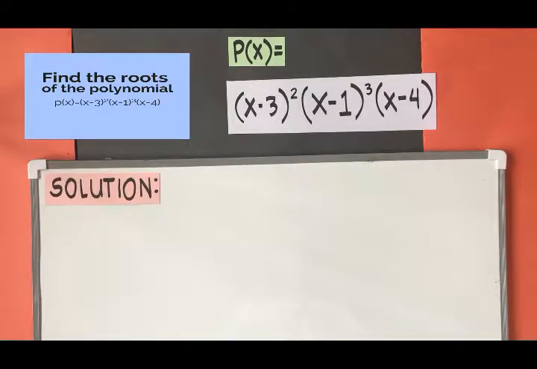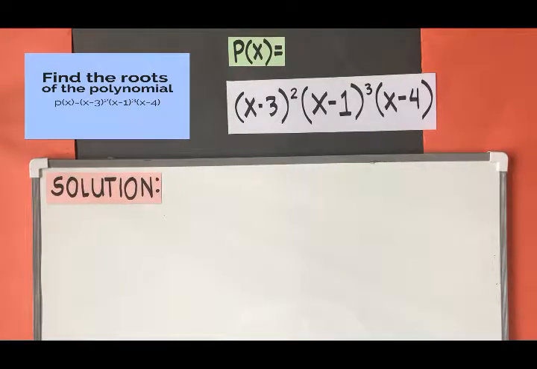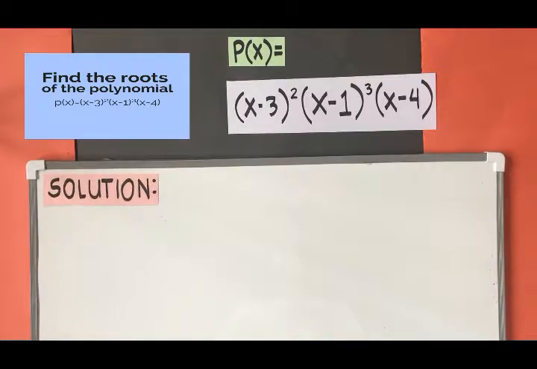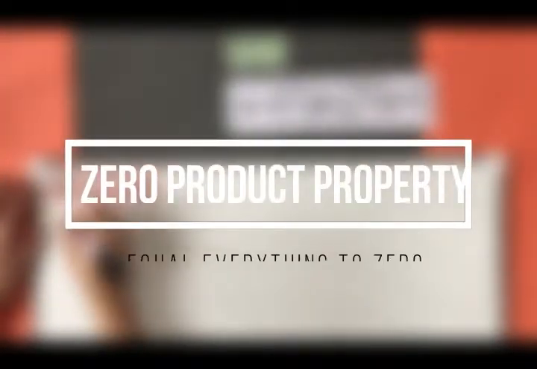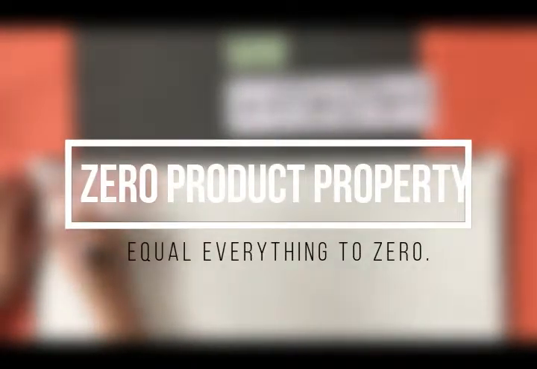What we need to realize is that we have 3 things that are being multiplied, but then they're equal to 0. So that means we can apply the zero product property. Zero product property basically equates every x factor to 0.